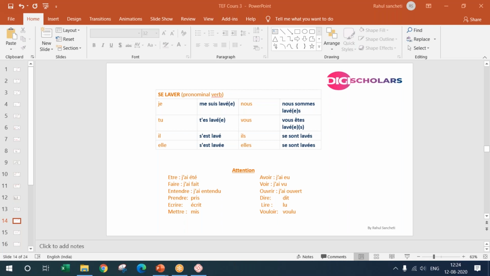So now it is person, the reflexive part, the verb 1, the verb 2, and then you have the object. So this becomes the format now.